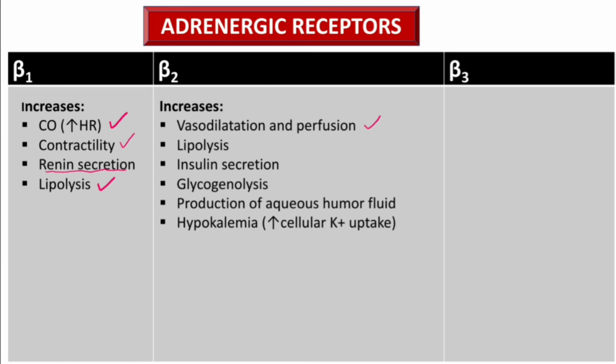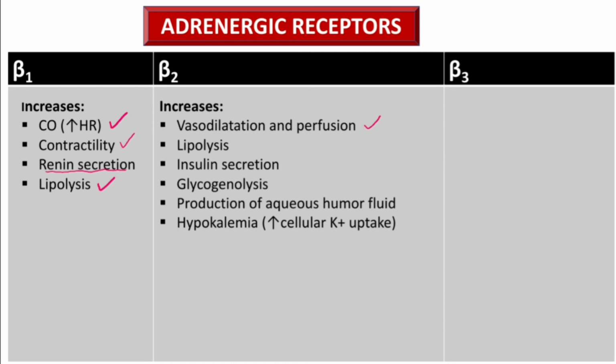Before that, you need to know beta 2 receptors are found mainly in the tunica media of blood vessels of viscera, of visceral organs. We are talking about blood vessels of internal organs, and of the heart.